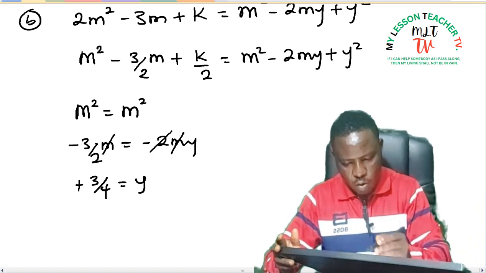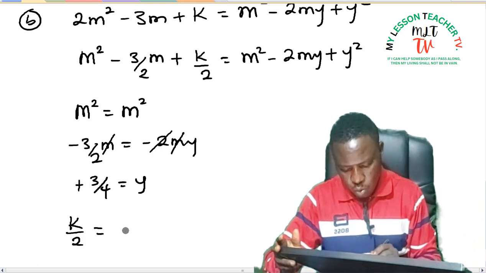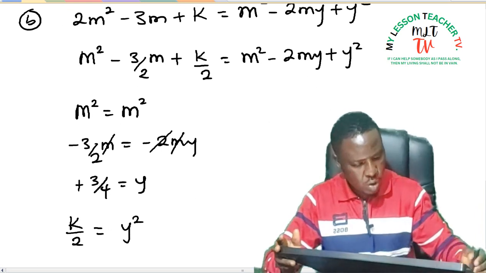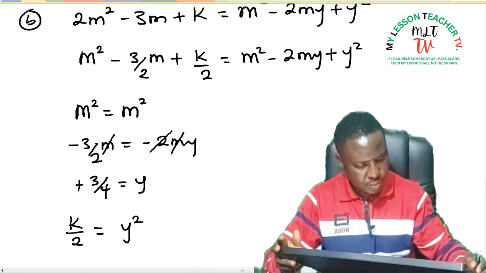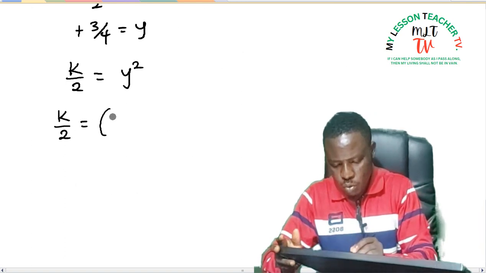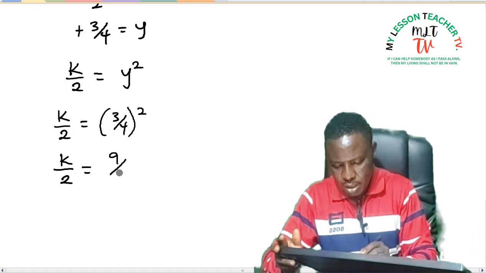Now, if y is equal to 3 over 4, compare the last term, you have k over 2 is equal to y squared, but we have y to be 3 over 4. So this means that k over 2 is equal to 3 over 4 squared, and k over 2 is equal to 9 over 16.